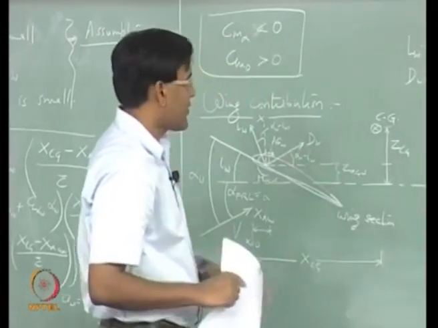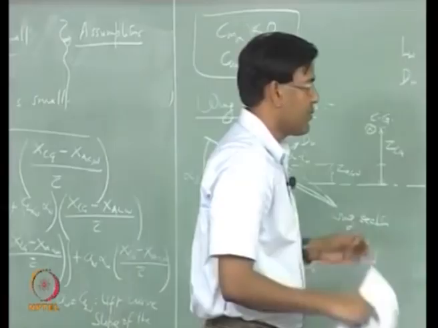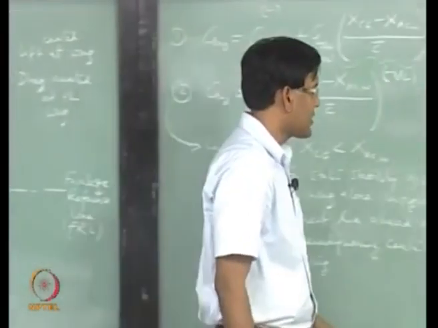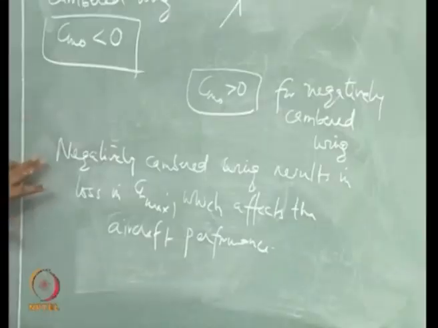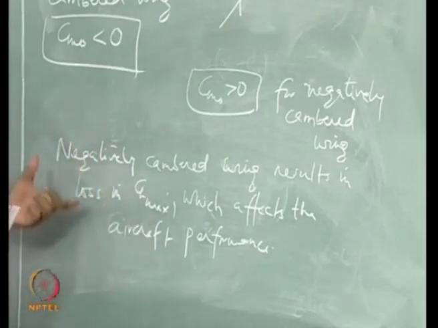For this configuration, the wing alone flying configuration of aircraft, you have to have negatively cambered wing for this Cm naught to be positive, and we are seeing here that if we use that, then what we see is a drop in CL max.